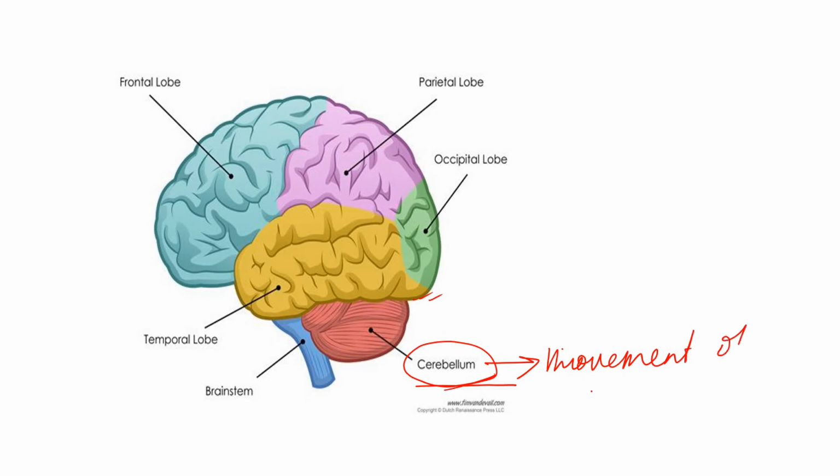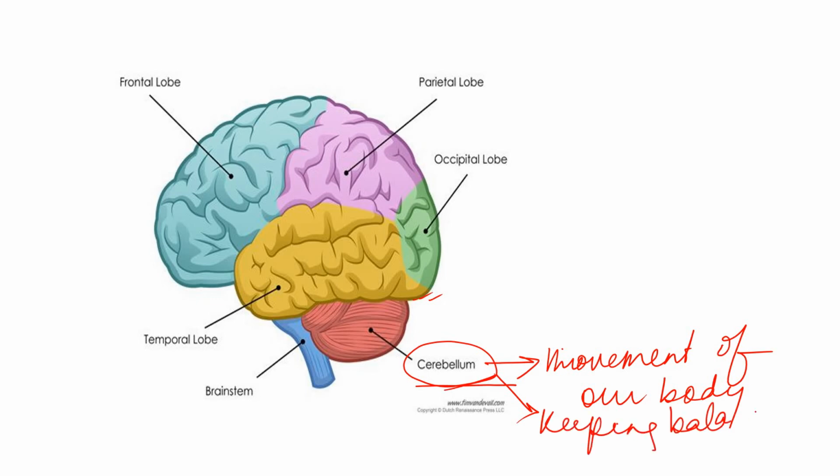This is all about the movement of our body, and also keeping balance. Like when we stand erect, we can lean on the wall also sometimes, but this is so that we don't fall, isn't it? So we can maintain our posture.